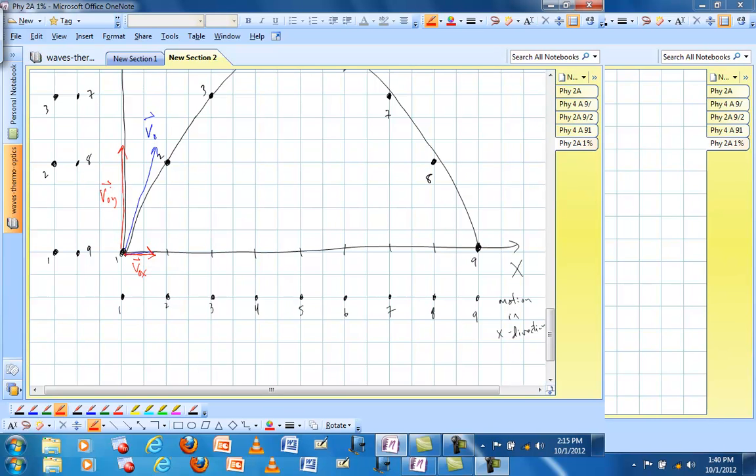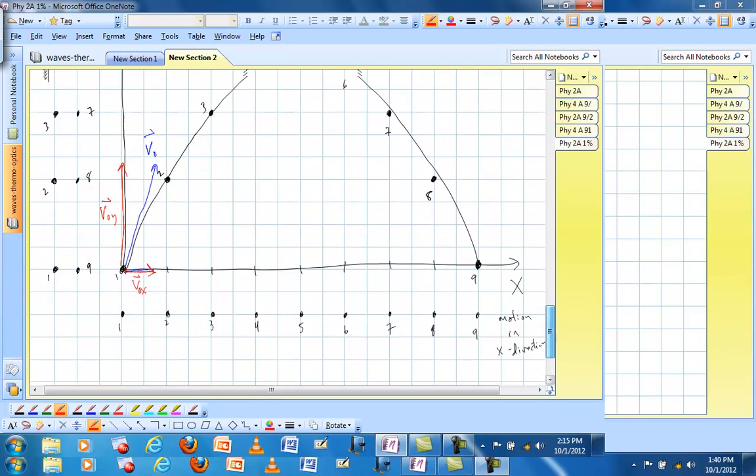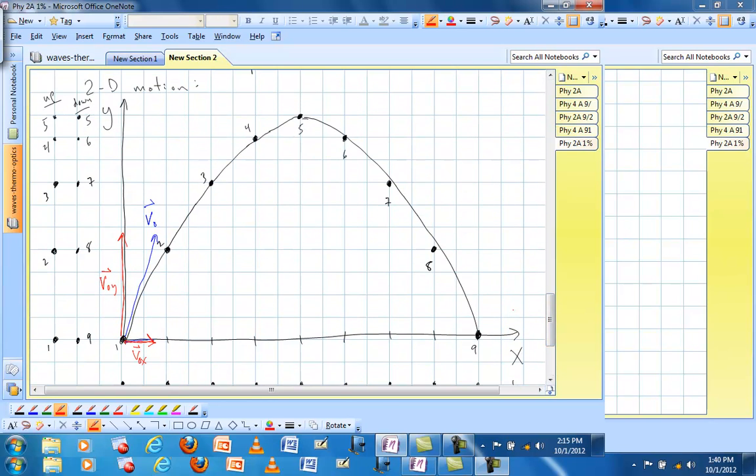And what do we know about the x velocity? It's constant, right? It never changes. So in the x direction, the speed is always v0 sub x, never changes. In the y direction, there's acceleration due to gravity. So it's going to get smaller and smaller, and at the top, that velocity goes to 0, and then it starts increasing in the opposite direction.